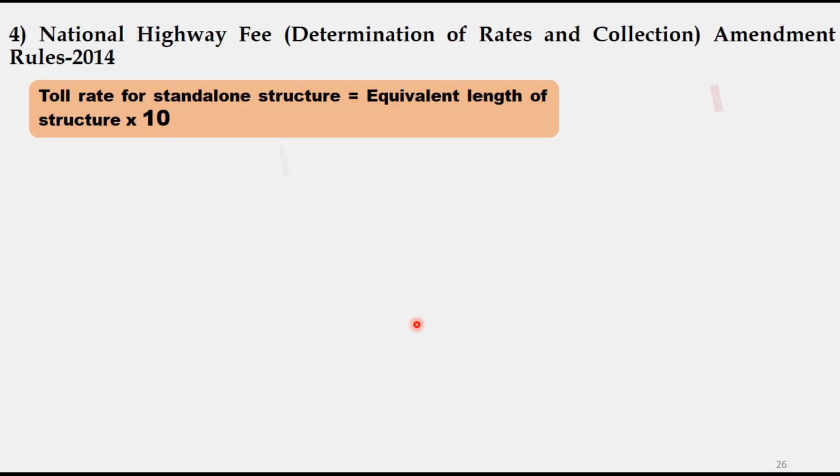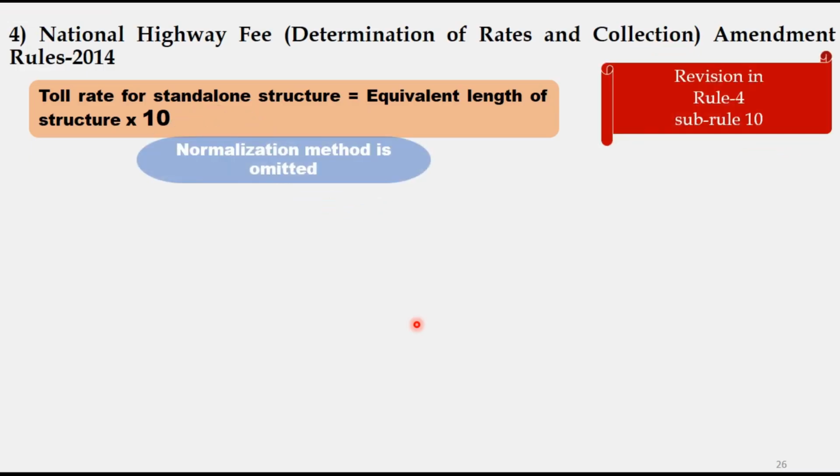Now this rule 4 sub rule 10 was again revised in 2014, and now the toll rate for standalone structure is calculated by multiplying the equivalent length of structure by a factor of 10 instead of normalization by average cost per kilometer of highway or expressway.